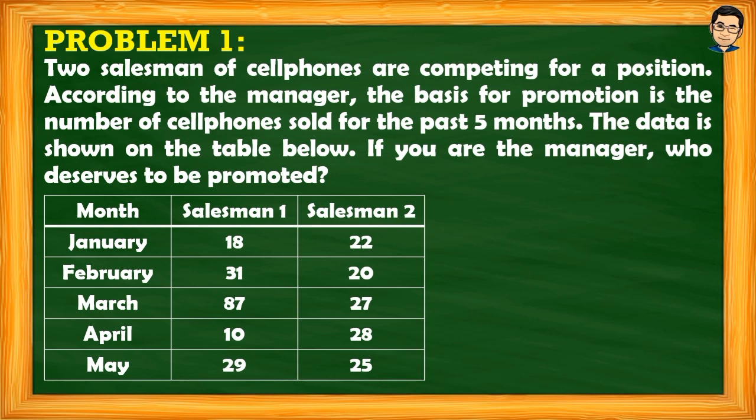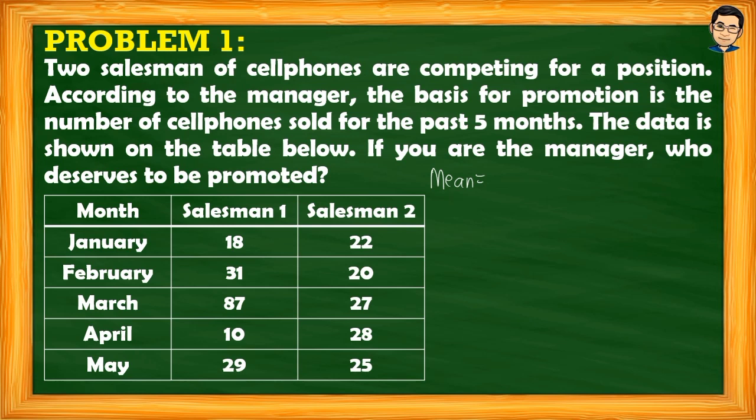Bago nating sagutin kung sino yung mas deserving na ma-promote, syempre, ano munang statistical measure ang appropriate para dito? Kung gagamitin natin yung mean, i-add lahat natin yung mga scores, di ba?